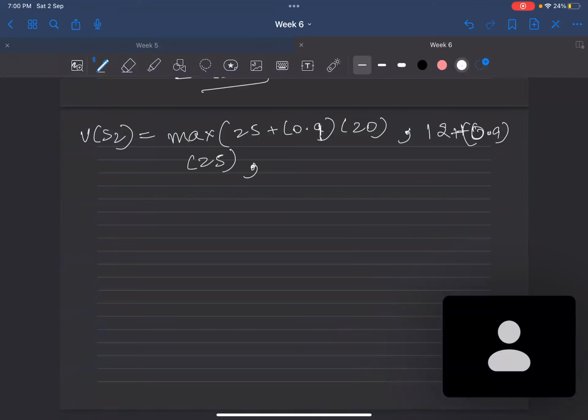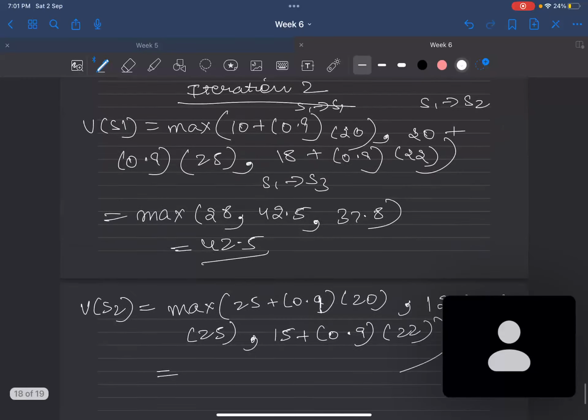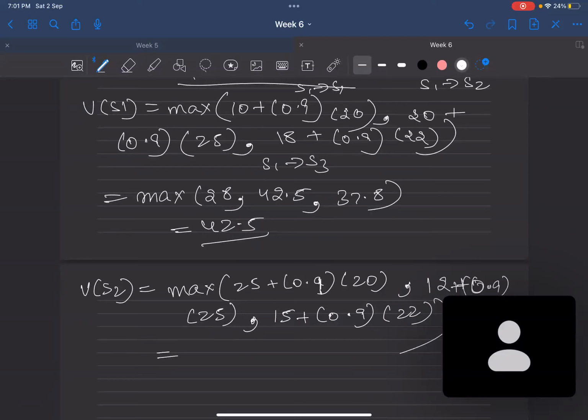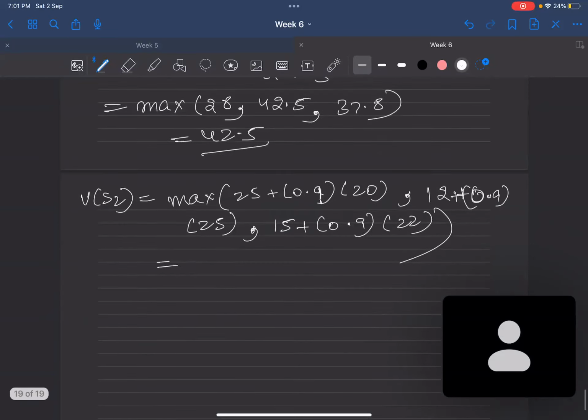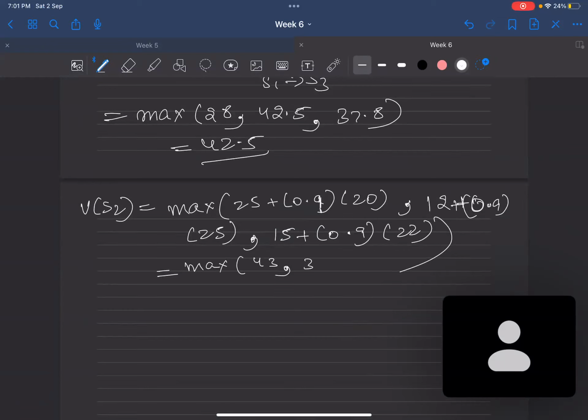S2 to S3, 15. 15 into 0.9 into 22. Max of 43. 34.5. 15 plus 0.9... 34.8.